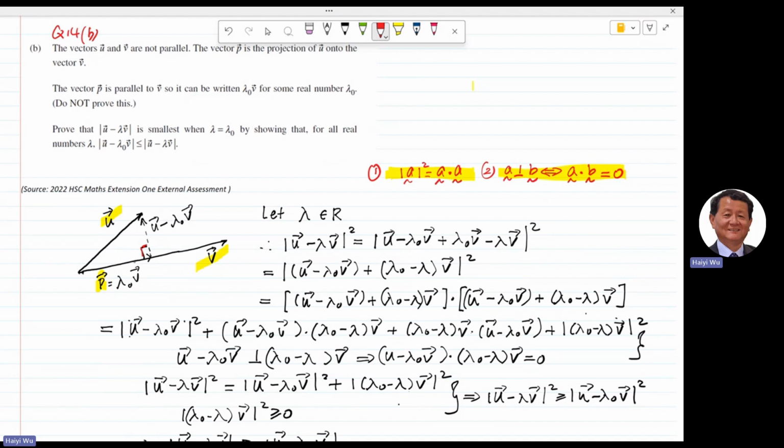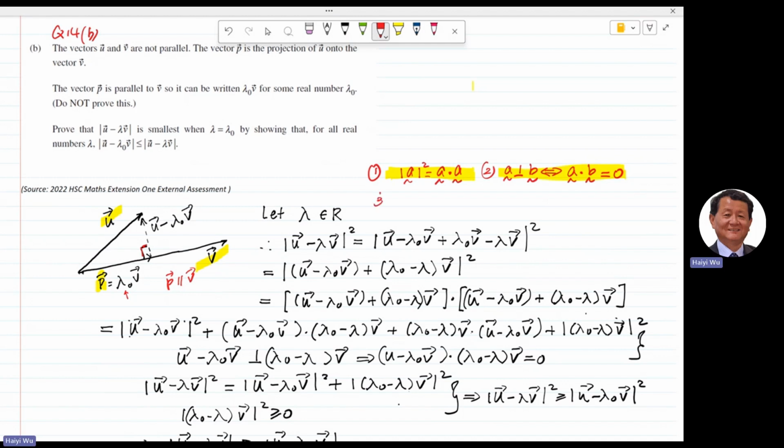Because of the projection onto the vector V, we can say P is a scalar, which we call lambda 0, times vector V. So this vector P must be parallel to vector V.